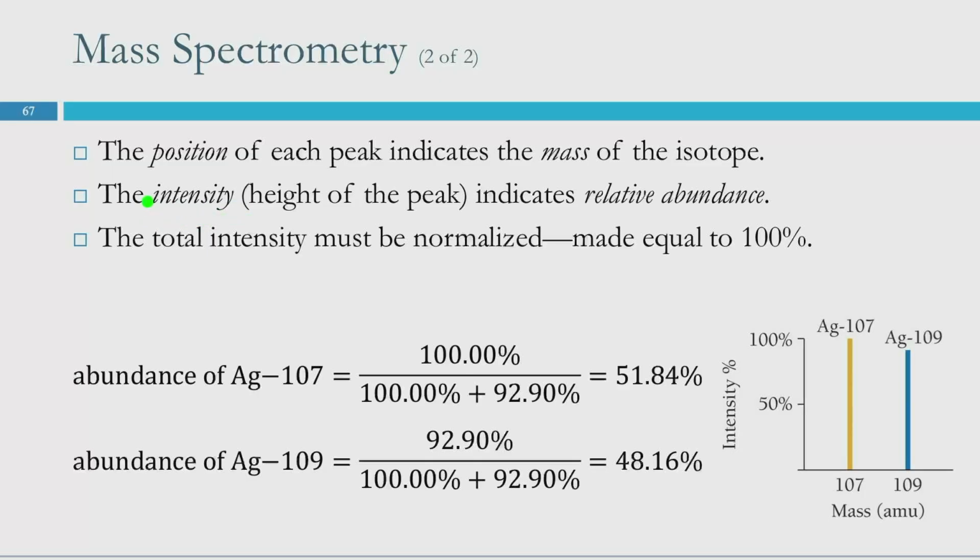And then the intensity, or the amount of hits that we got on our detector, is the y-axis. These are scaled so that our largest peak is 100%, so it's all relative to our biggest peak. It's not typically displayed in absolute numbers. So 107 is our biggest peak, and 109 is our slightly smaller peak.